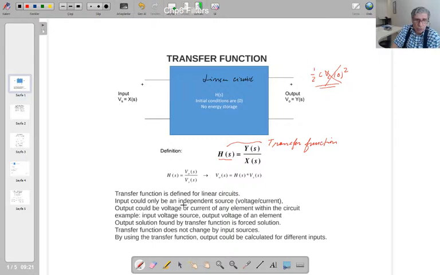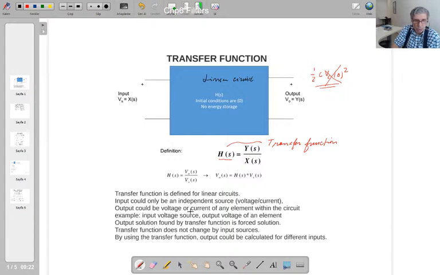Input could only be an independent source. So it's going to be one independent source here. If there are more than one independent sources included, then transfer function wouldn't be only one function, so it is a bit difficult. So consider that input function is just one function, a one independent source function.